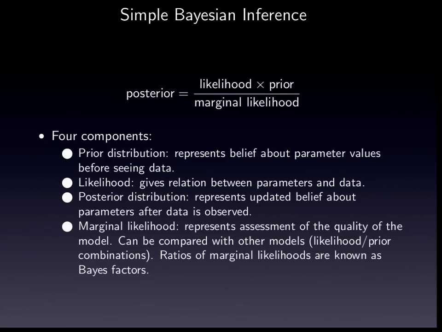What do I need to multiply this side by? P of T. Very good. P of T. That's called the marginal likelihood. So that equality is true, and the derivation for Bayes' rule just involves putting P of T down here.